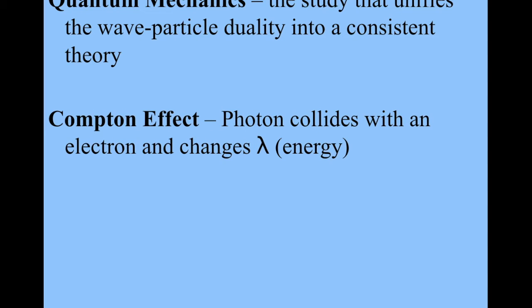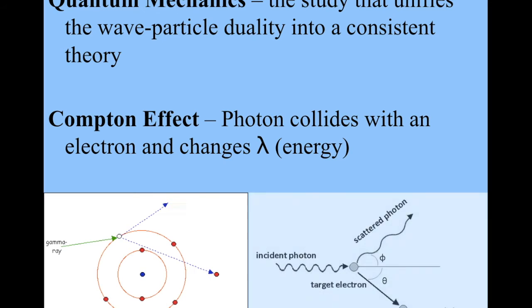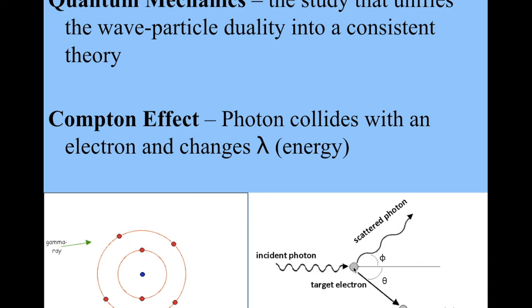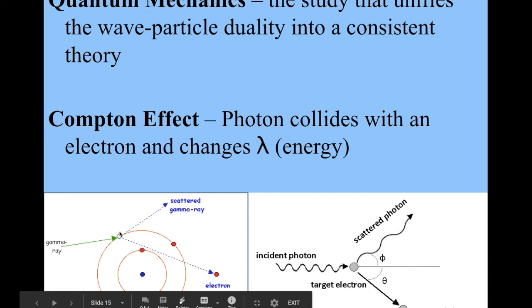Quantum mechanics is a study that pulls together wave-particle duality. Another example of this is the Compton effect. In the Compton effect, we have an incident photon, or light, that comes in and hits a particle. When it hits the particle, it then scatters. It moves the particle and changes the incident photon.